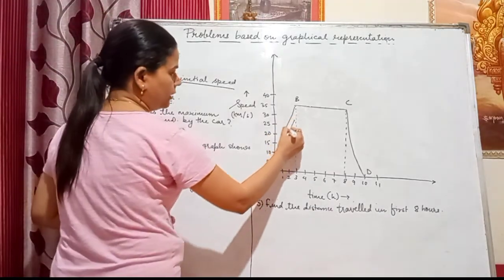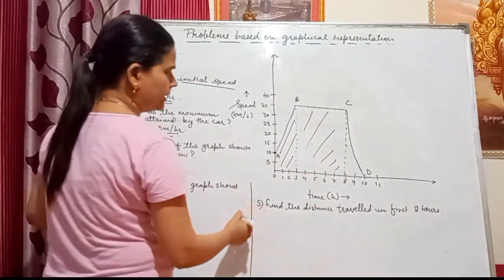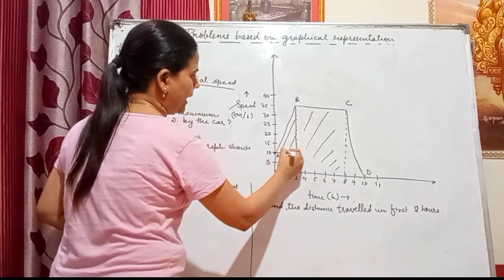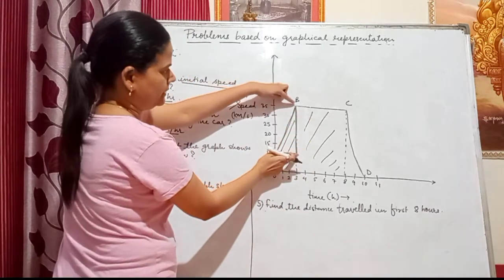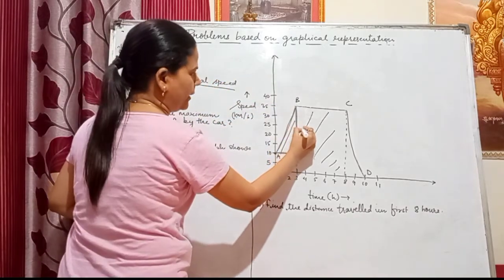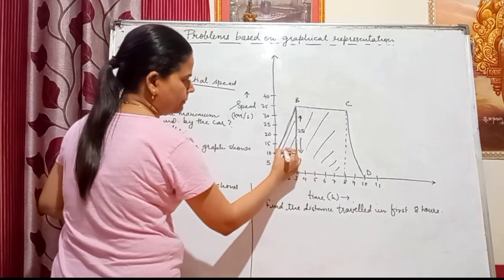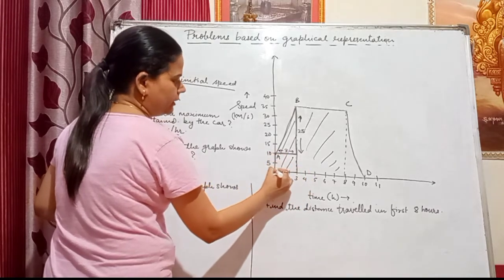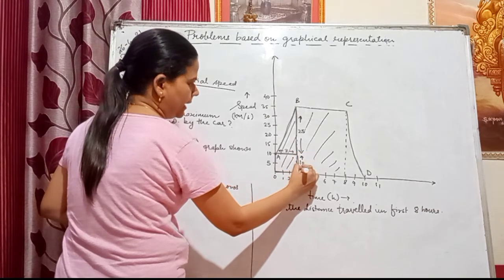If we divide this into a triangle, its height will be between 10 and 35, which is 25, and its base will be 3, correct? Here we have a quadrilateral, and in this the length will be 10 and the breadth will be 3.